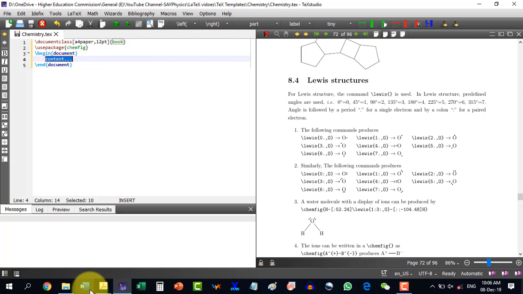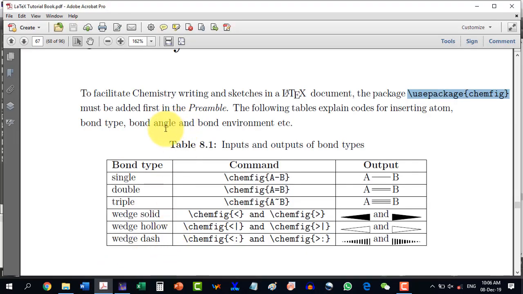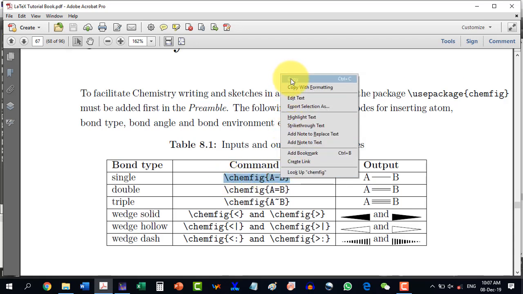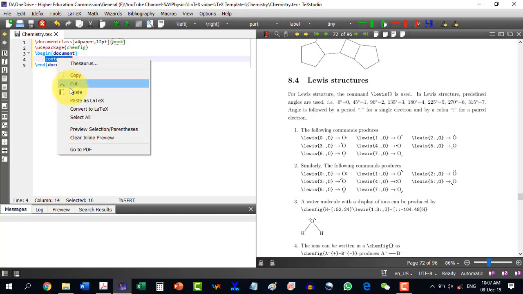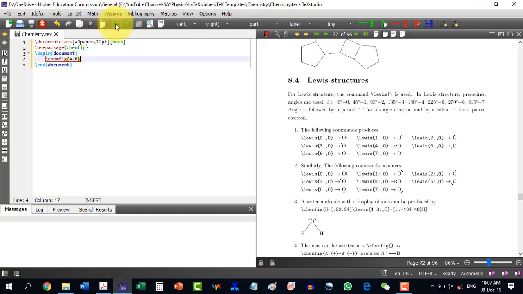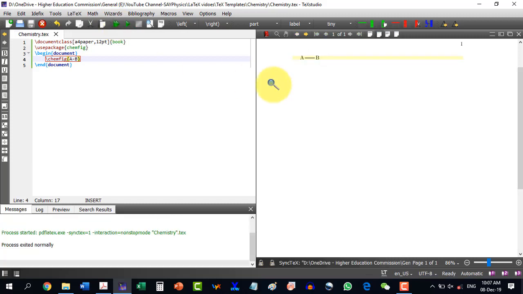So let's go here. In order to show a bond between two atoms like A and B, we will have to use this command, which is \chemfig{A-B}. I just paste this and I build it, and here it is.